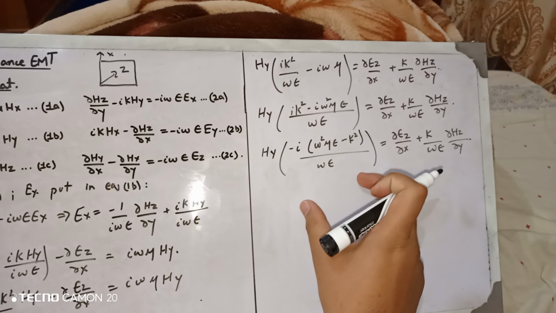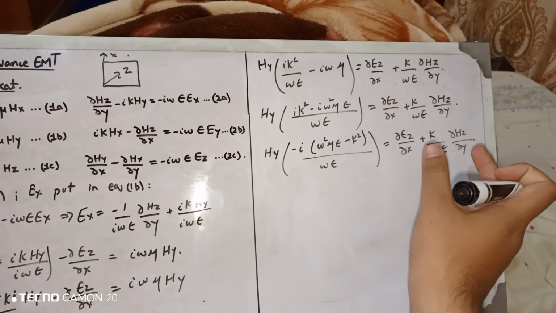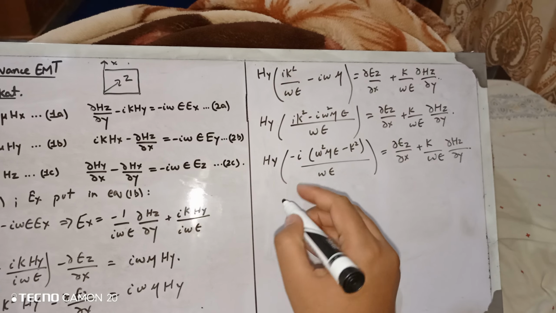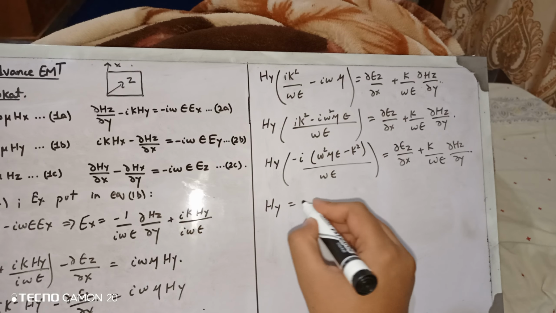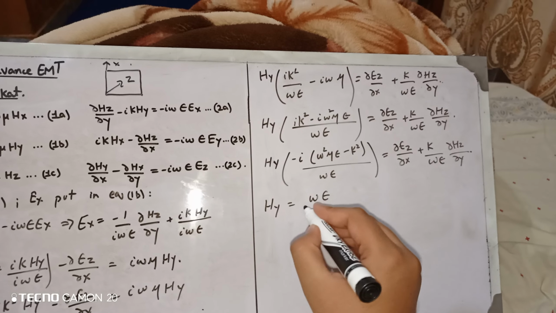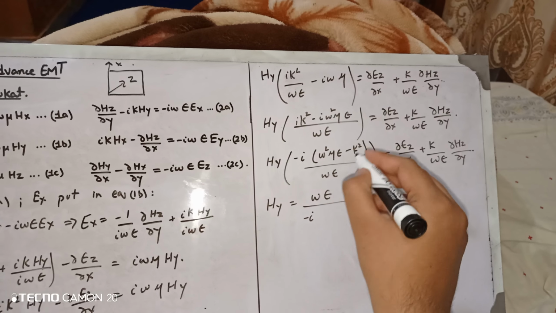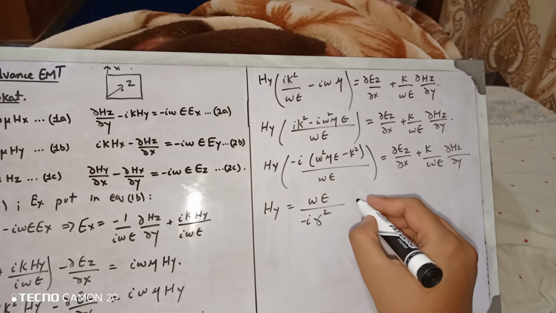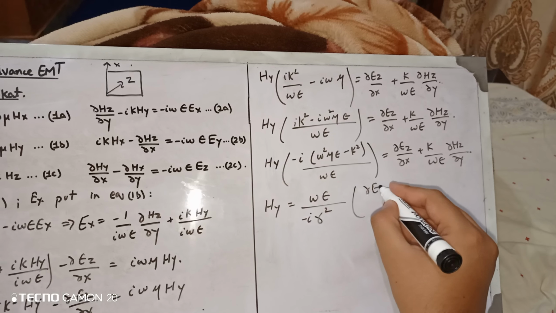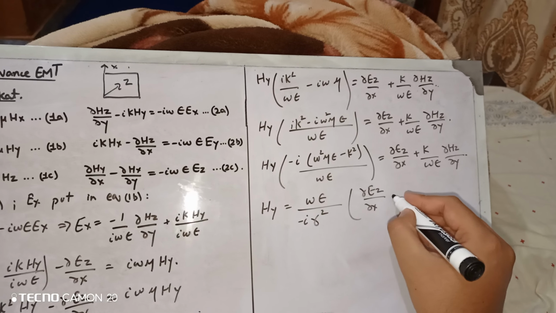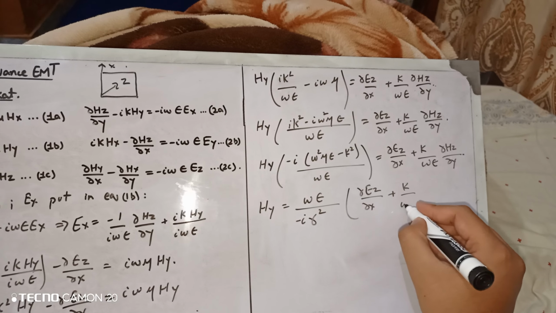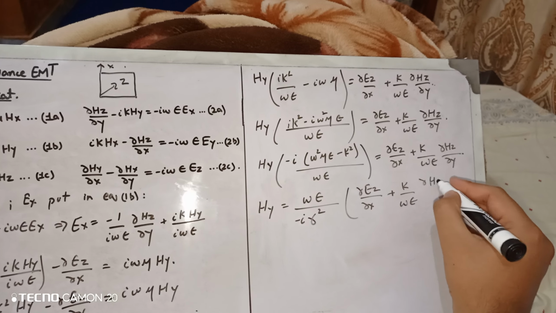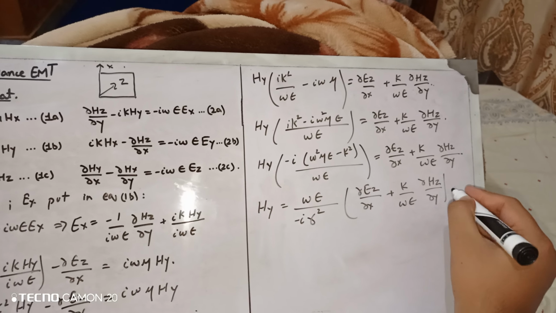Again we have to move this to the other side inverse to take Hy alone, so Hy becomes equal to omega epsilon divided by minus iota, and this becomes r square, so r square multiplied by partial Ez by partial x plus k divided by omega epsilon partial Hz by partial y.